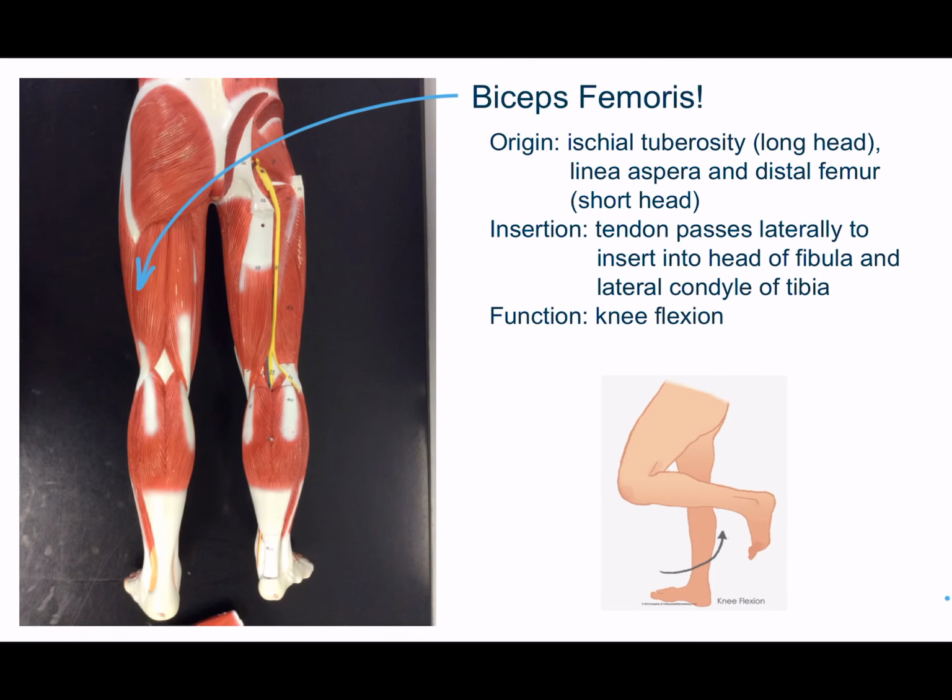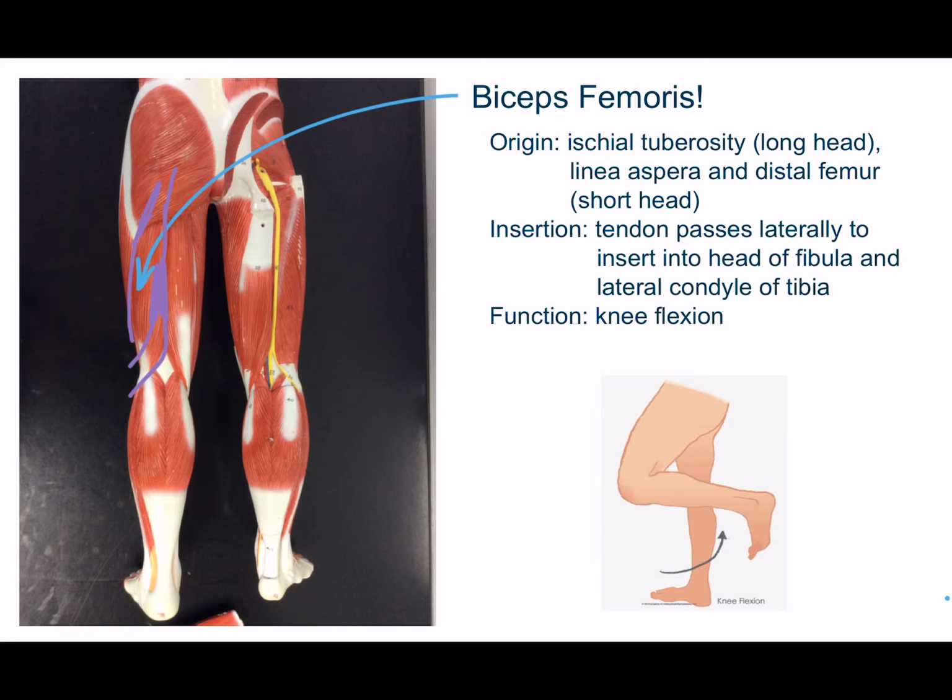Your biceps femoris, not to be confused with your biceps brachii, is a two-headed muscle that's in your leg right here. So the big head, the long head, and the short head. Your long head's like that, and your short head's like that. The long head is going to originate at the ischial tuberosity. You see how it's up here. And the short head is going to originate on the linea aspera and distal femur because it starts a lot lower.